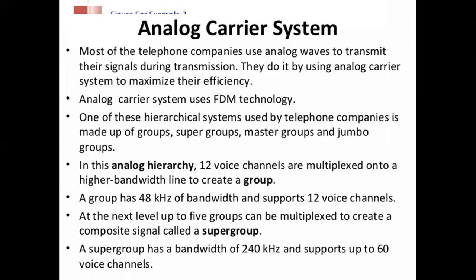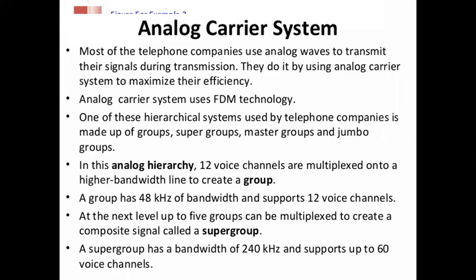In this analog hierarchy for voice channels, 12 voice channels are multiplexed into a higher band to create a group. A group has 48 kHz bandwidth and supports 12 voice channels.